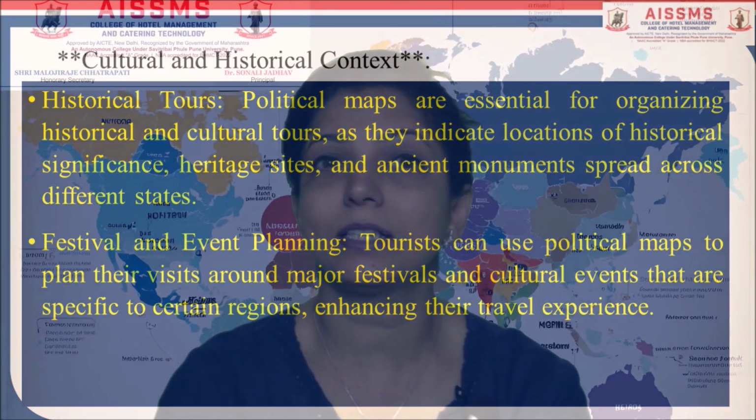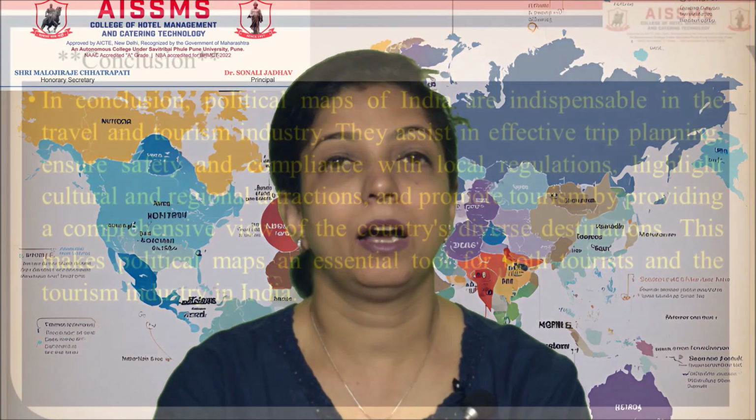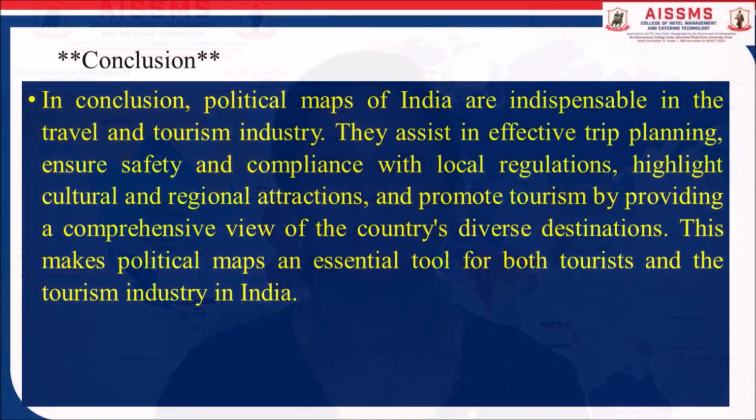At the end of this session, we can conclude that political maps of India are indispensable in the travel and tourism industry. They assist the tourist in effective trip planning, ensuring tourist safety and complying with local governance.